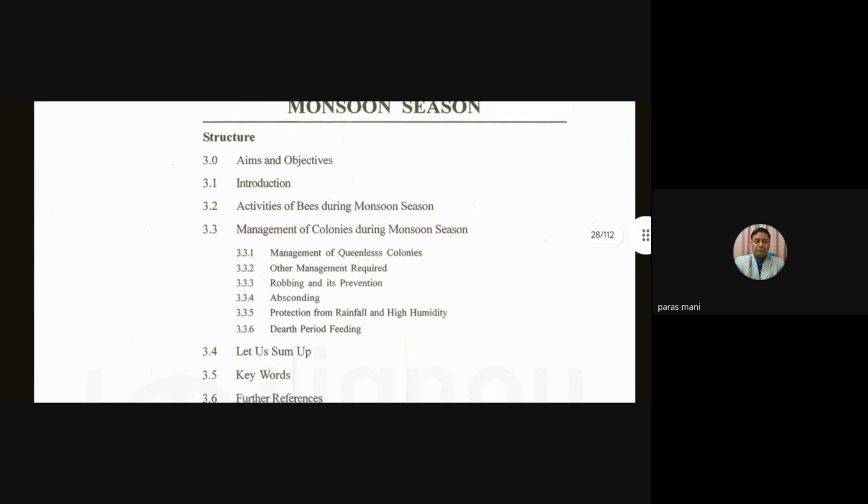there are chances of absconding also due to many reasons, because of shortage of food, or else extreme weather conditions, or else due to enemies. There may be chance of leaving the colony, and absconding is one behavior, because that may happen also due to the pesticidal poisoning also.